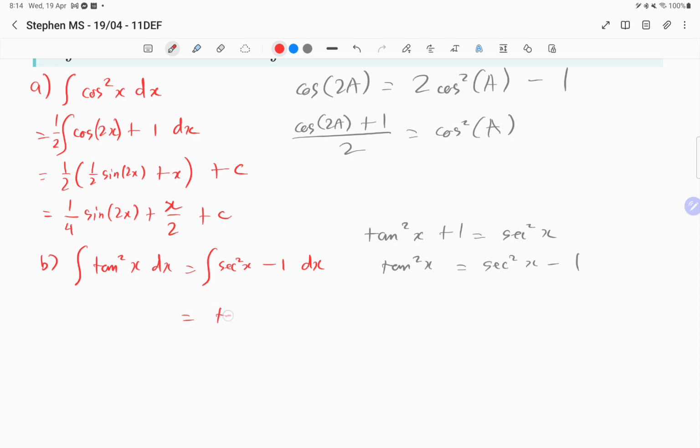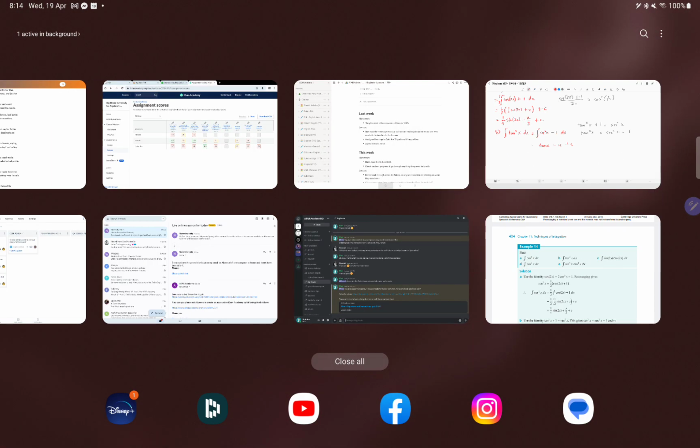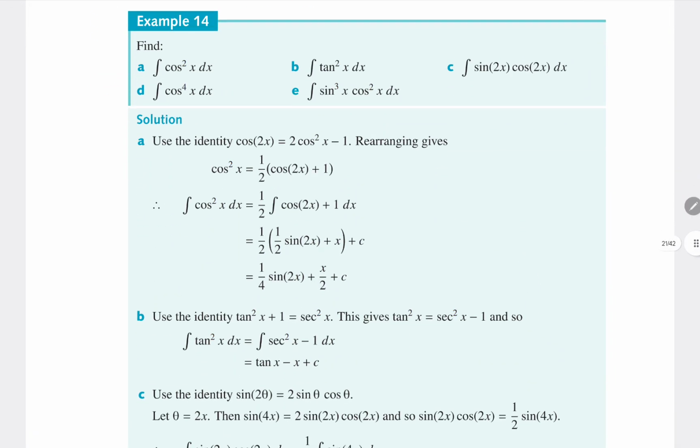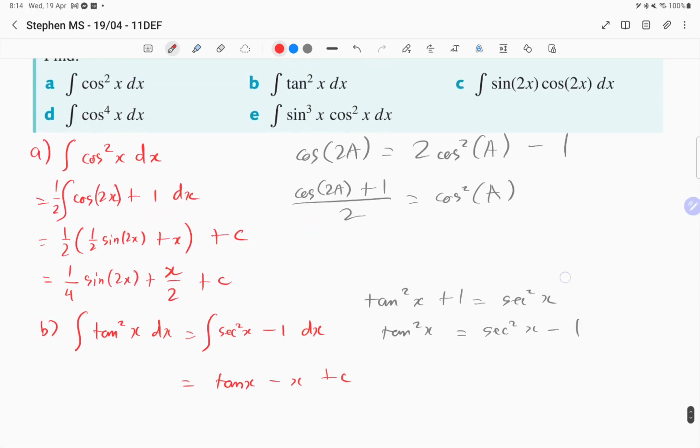So this one would just be tan x minus x plus c. Because when you antiderive sec squared, you get tan. It's one of the calculus rules here. Okay, so tan x minus x plus c. Yeah, question B. Now moving on, question C.